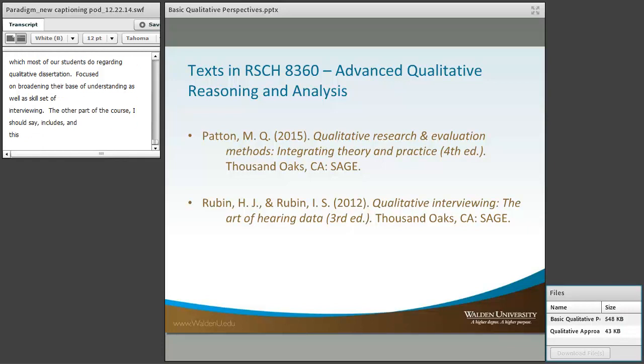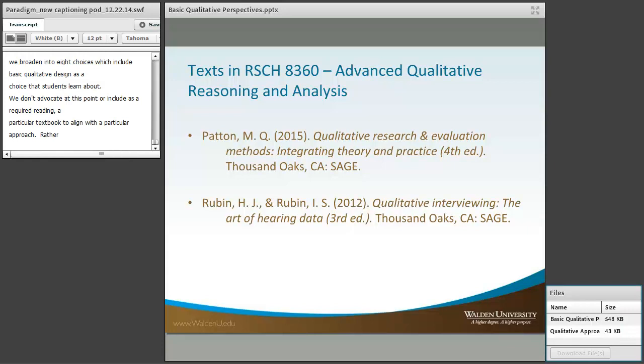The other part of the course, I should say, is where we start to turn towards the different approaches, like narrative and ethnographic, and instead of Creswell's 5, we broaden into 8 choices, which include basic qualitative design as a choice that students learn about. We don't advocate or include as a required reading a particular textbook to align with a particular approach.